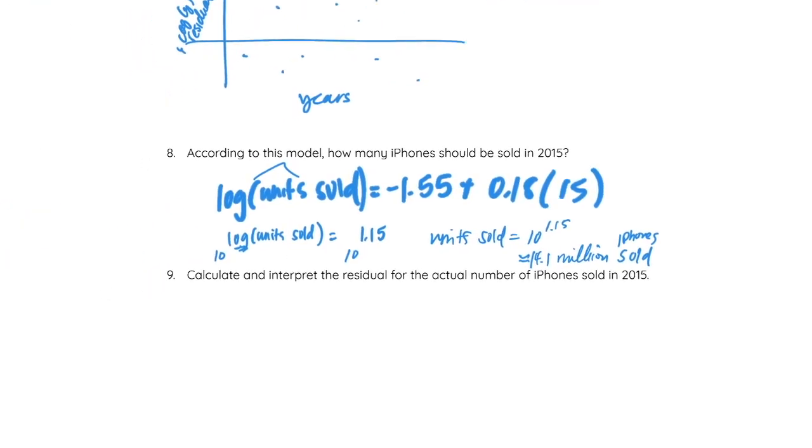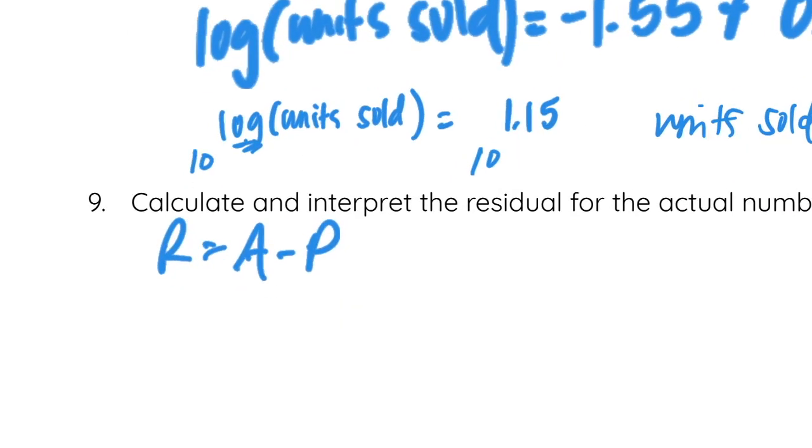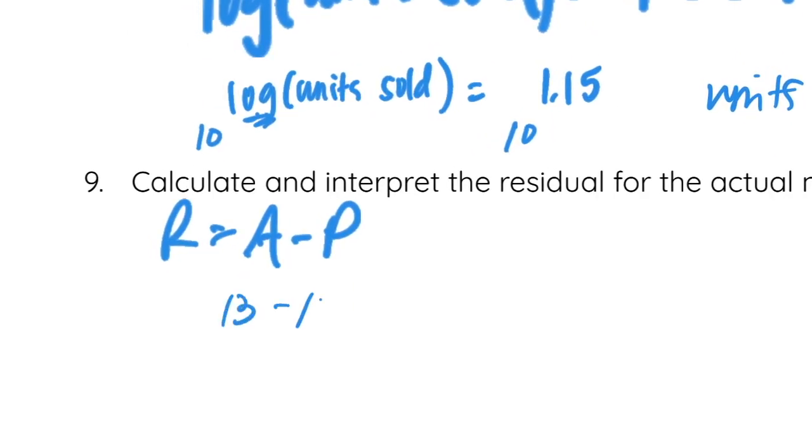And interpret the residual. So residual is A minus P, actual minus predicted. Our actual in 2015 was 13, and then our predicted is 14.1. So 13 minus 14.1 is negative 1.1.